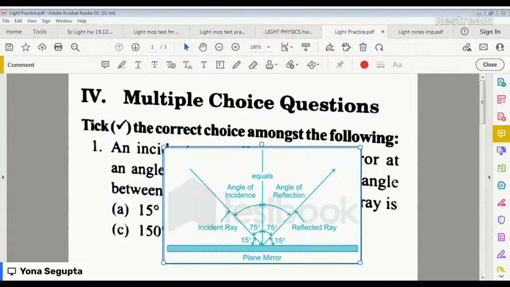The law of reflection is that the incident ray, reflected ray, and the normal ray to the mirror all lie on the same plane, isn't it? So the angle of incidence and the angle of reflection are equal. So we can say that an incident ray strikes the plane mirror at an angle of 15 here. In this question, what is given with the mirror?